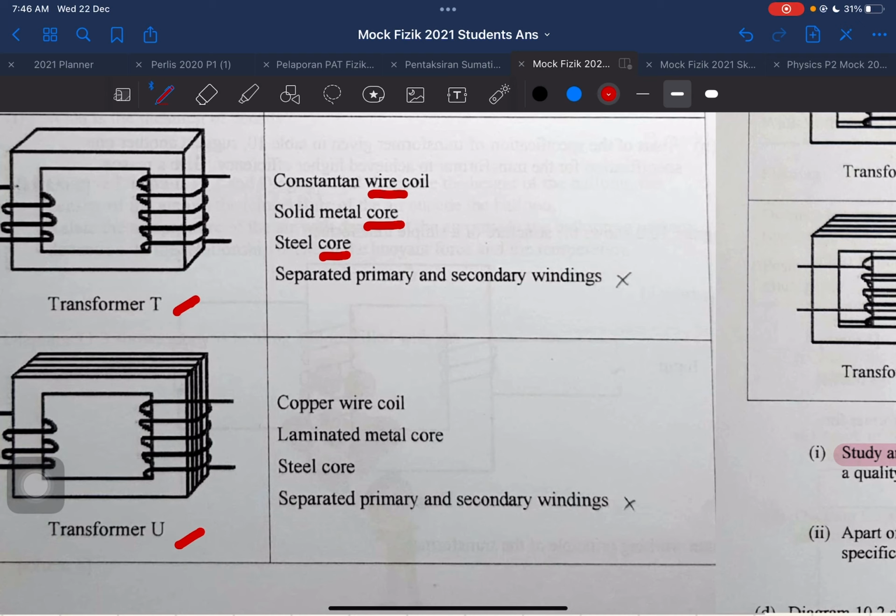So there are 4 features, which means each one gives you 1 + 1 marks. 1 mark for the characteristic, and another mark for the explanation of each characteristic.